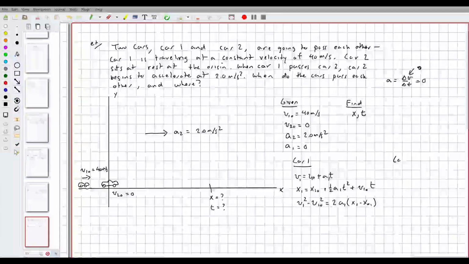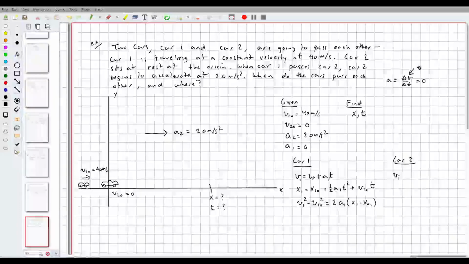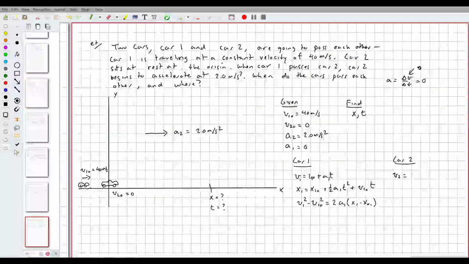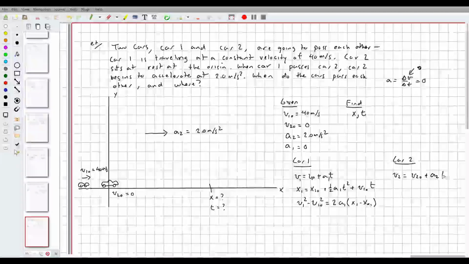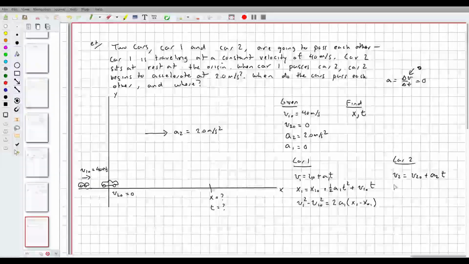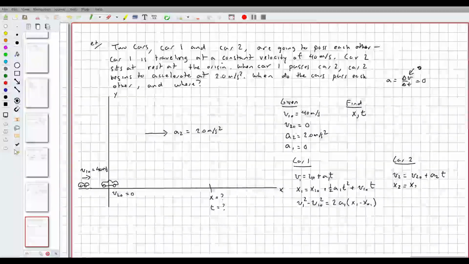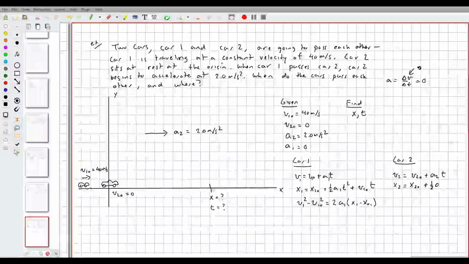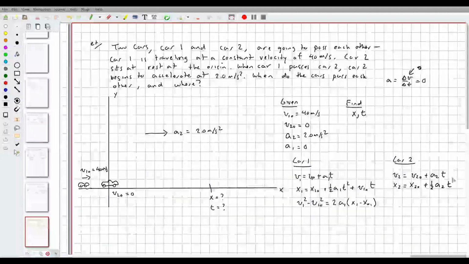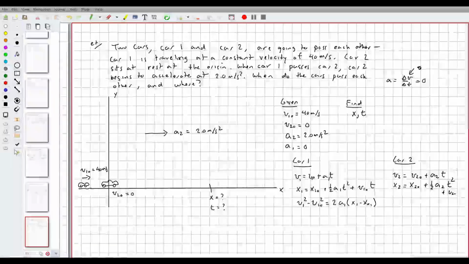Now, for car 2, we have v2 is equal to v2 naught plus a2 times t. We also have that x2 is equal to x2 naught plus 1/2 a2 times t squared plus v2 naught times t.